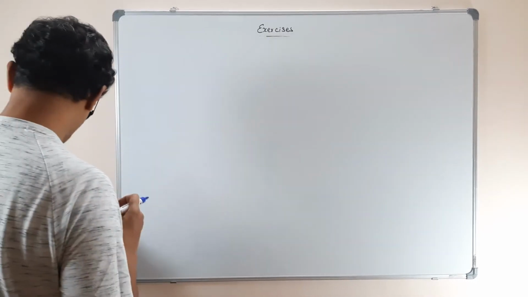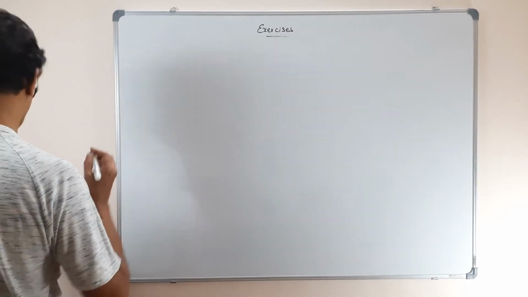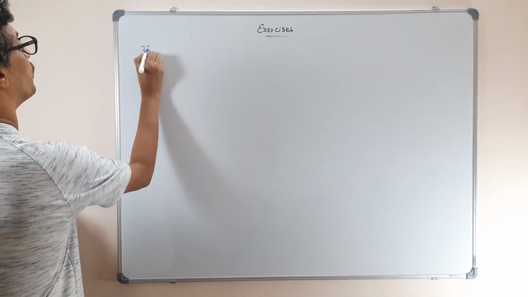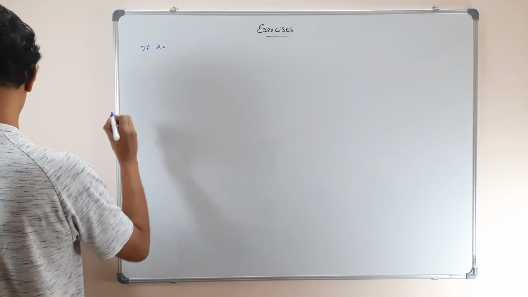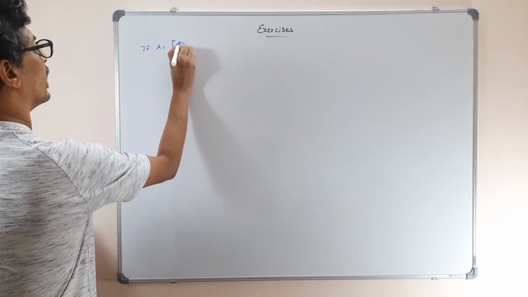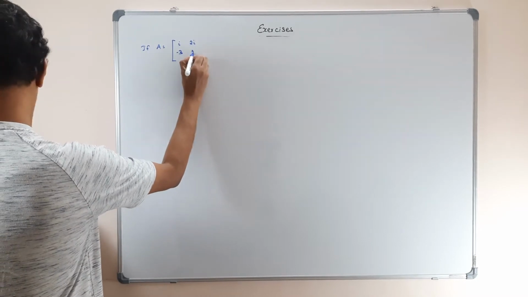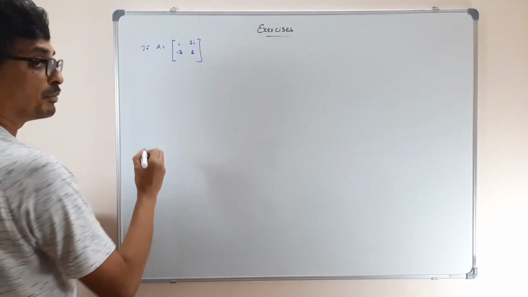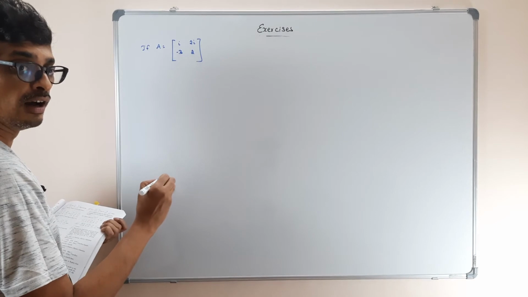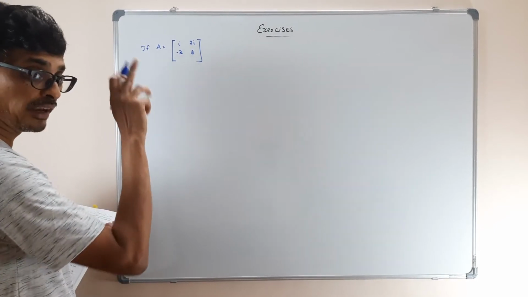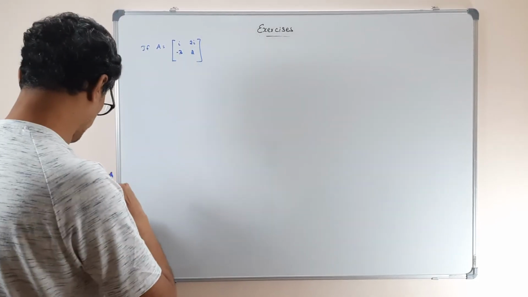Okay. Let us do this problem. This problem is interesting. If A equal to I, 2i, minus 3, 2. You know what you mean by i, right? Iota. That is, i is equal to root of minus 1. So you will see that we have complex numbers.